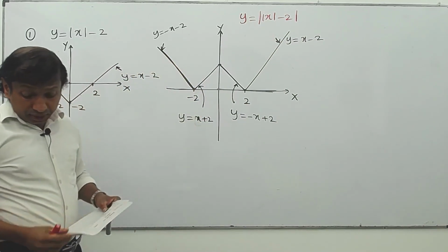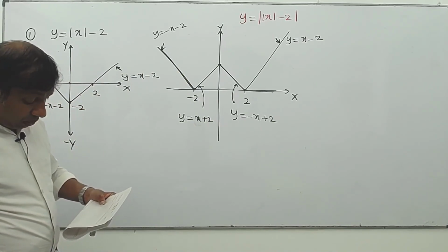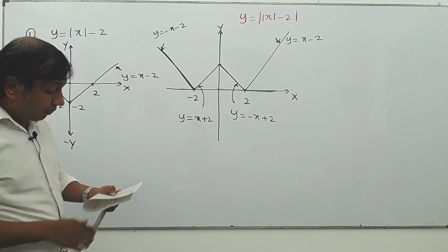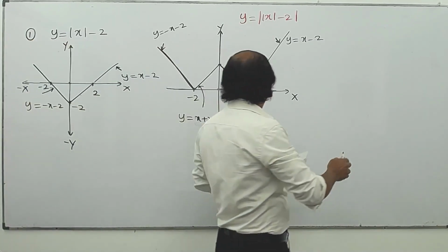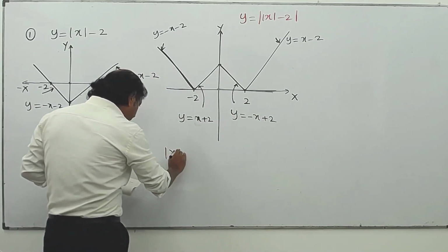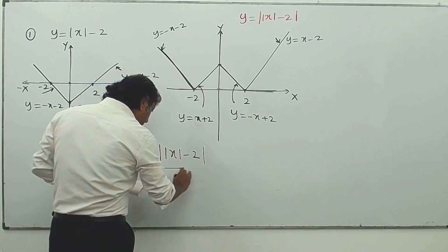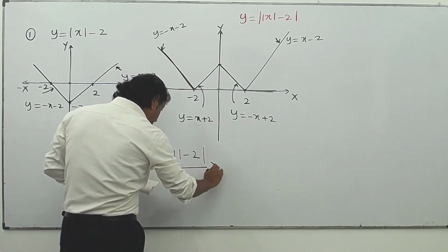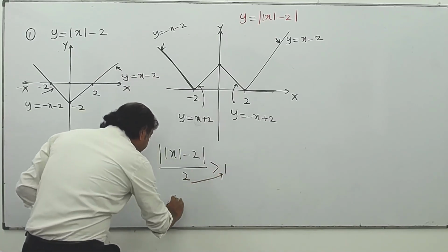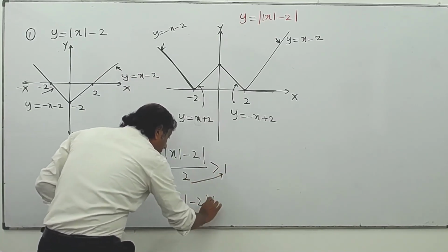Right, and then it asks us, by using the graph, to find the range of x which satisfies this. Now we can take it like this: the modulus of mod x minus 2, divided by 2, is greater than 1. Using the first multiplication, the modulus of mod x minus 2 is greater than 2.